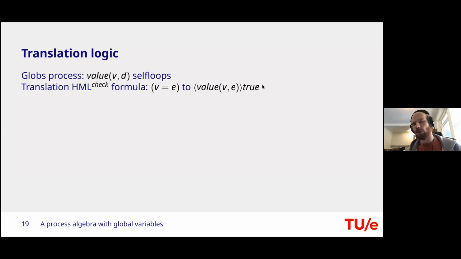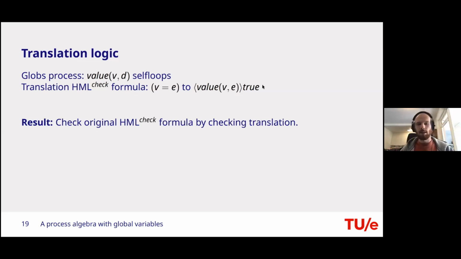So this will only be true if this self loop is present. And the result is that we can actually check these formulas after translation. So we prove in the paper that the original formula is true for the original process expression if and only if the translated formula holds for the encoding in mCRL2.